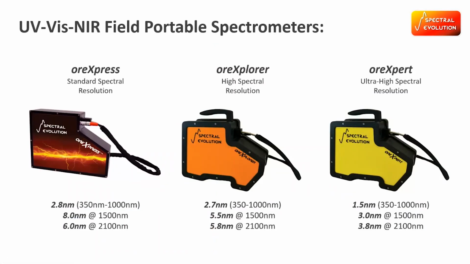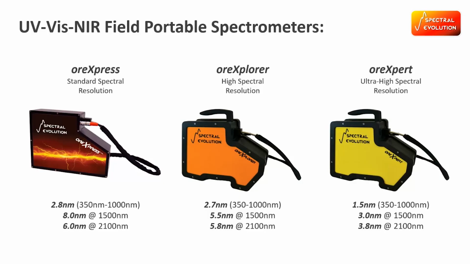What differentiates our different spectrometers is their spectral resolution. We have our oreXpress, which is a standard resolution in the industry. It's common to the industry, and it's our lowest resolution instrument.